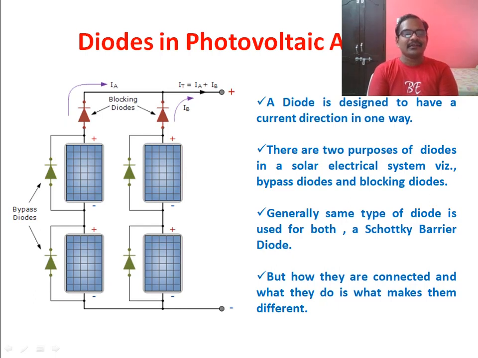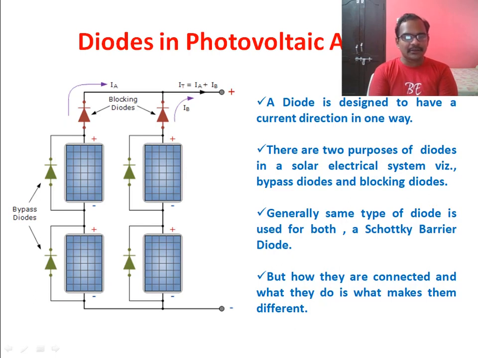In this case, there are 4 photovoltaic panels used in this array, and thereby you can see 4 green bypass diodes connected across each panel, and 2 red blocking diodes connected in series with each string. There are only 2 strings in this array, and that's why you get 2 blocking diodes.